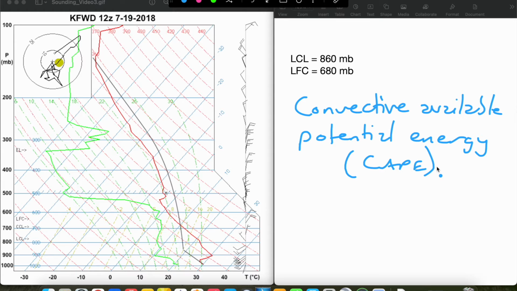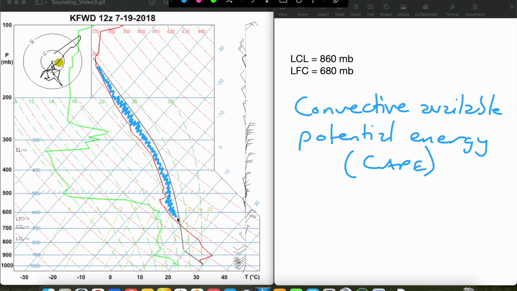And the way you can find it on a sounding is it's the entire area between the parcel trace and the environmental temperature where the parcel is warmer than the environment. Or, in other words, the parcel trace is to the right of the environmental temperature profile. So on this particular sounding, it's going to be all this area right here between the parcel trace and the environmental temperature.